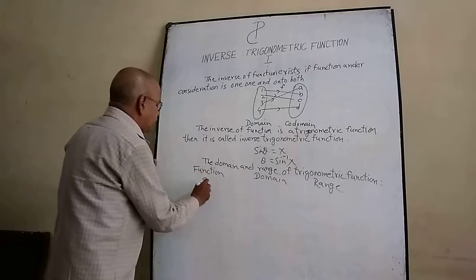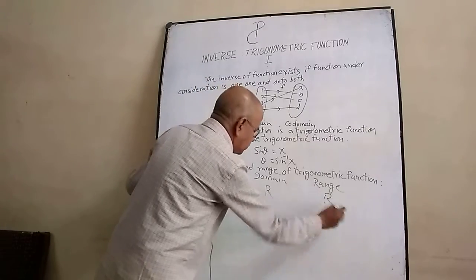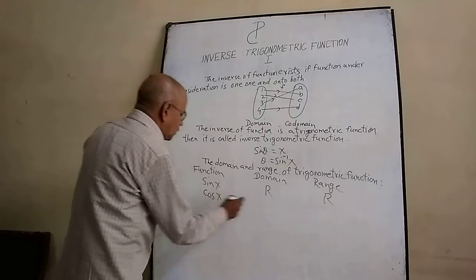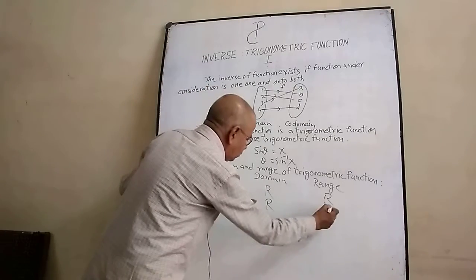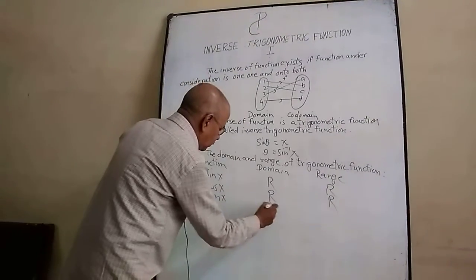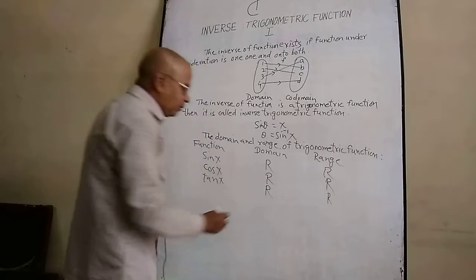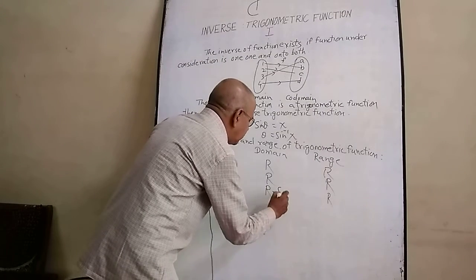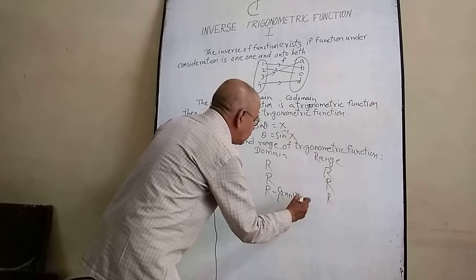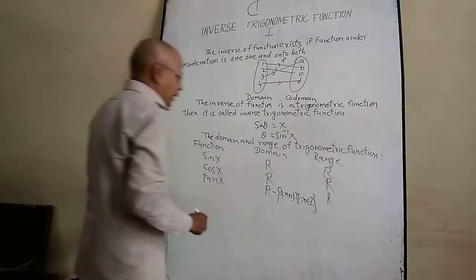Suppose I am taking the function sin x. Domain and range are always real numbers. Cos x is R and R, and tan x is also R and R. But here in this R, we have to take a condition that x is not equal to (2n plus 1) pi by 2, where n is an integer.